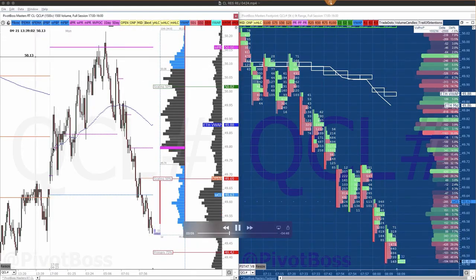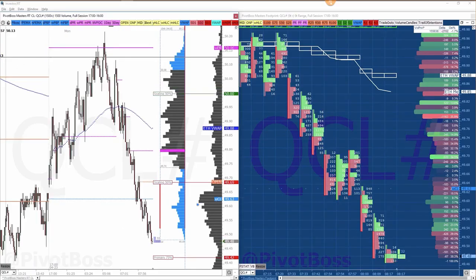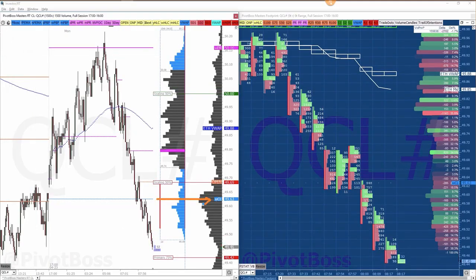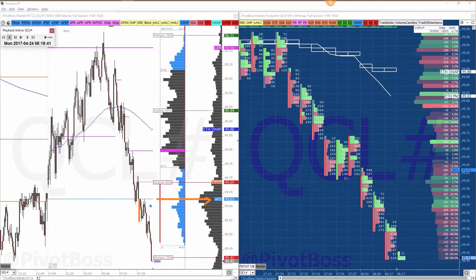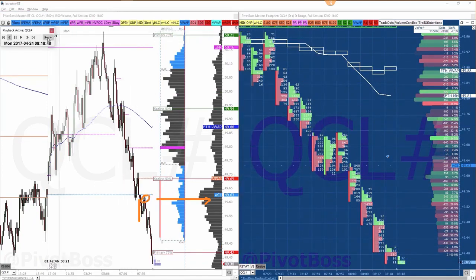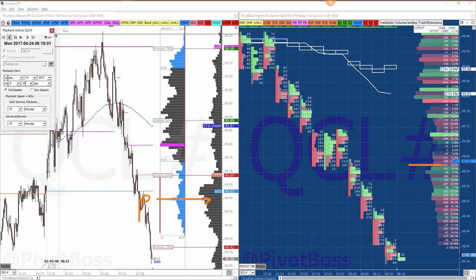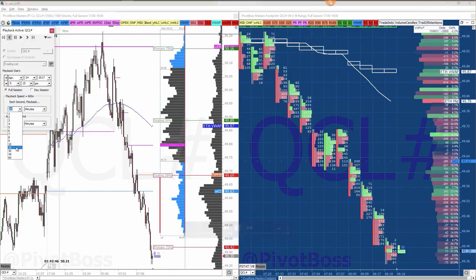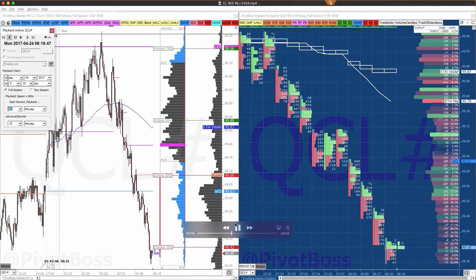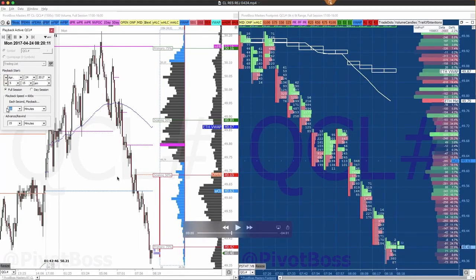And so that's what you're usually looking for right there. You're looking to see how does this thing play out at the previous week's close, and you see it offered. And then you see the retest right there. The retest also shows over here a big time drop. So let's pause it right there.